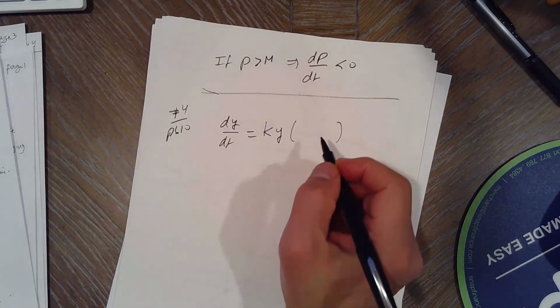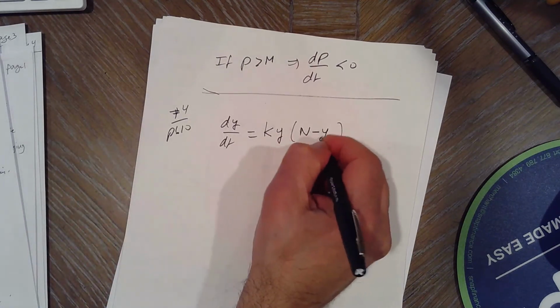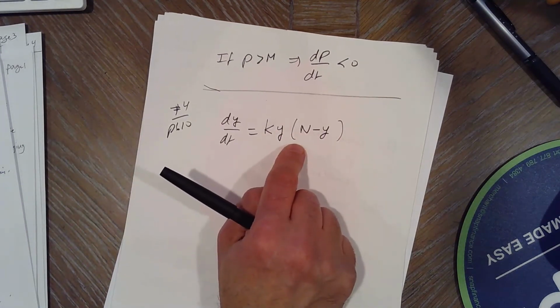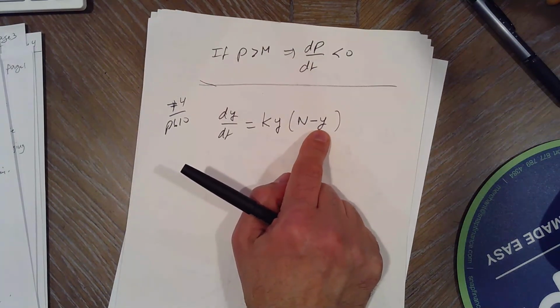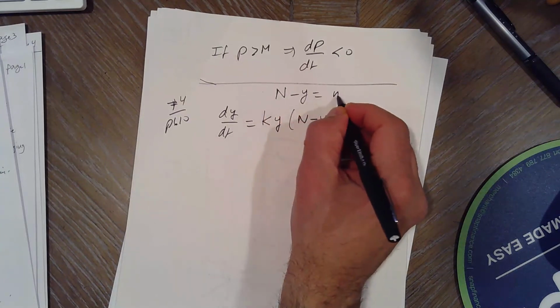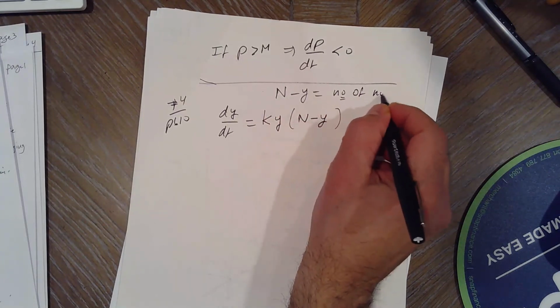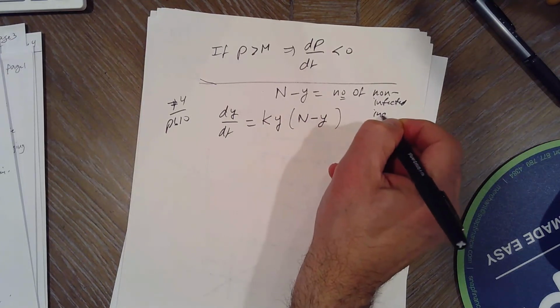What is the number of non-infected individuals? It's n minus y, right? Because n is the population size and y is the number of infected, so n minus y would be the number of non-infected individuals.